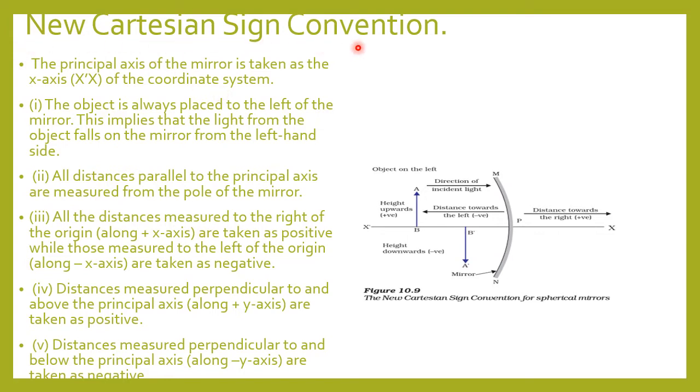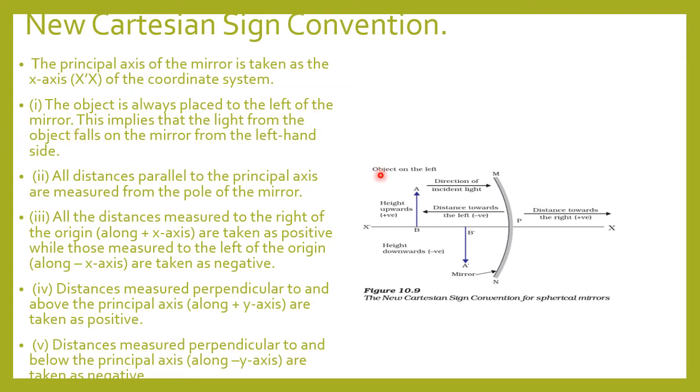New Cartesian sign conventions. The principal axis of the mirror is taken as the x-axis of the coordinate system. You can see in the figure. First, the object is always placed to the left of the mirror.